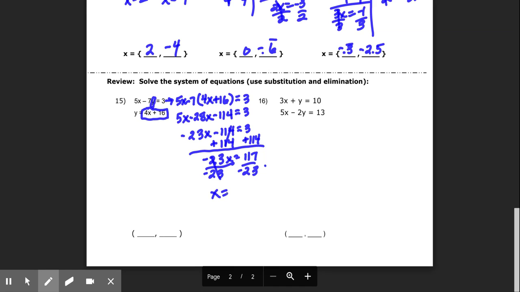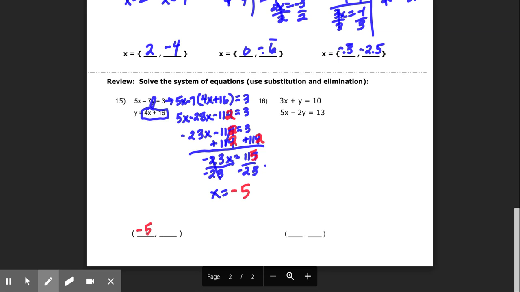All right, I found my mistake. This should be 112 right there. So then this would be 115. So 115 divided by negative 23 is going to give us negative 5 for x.